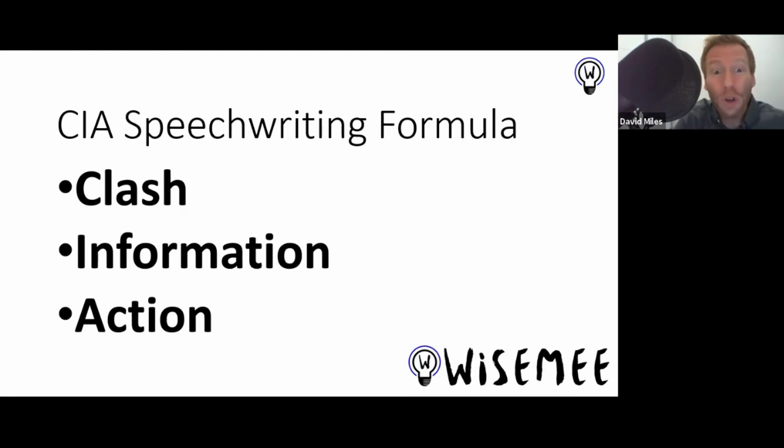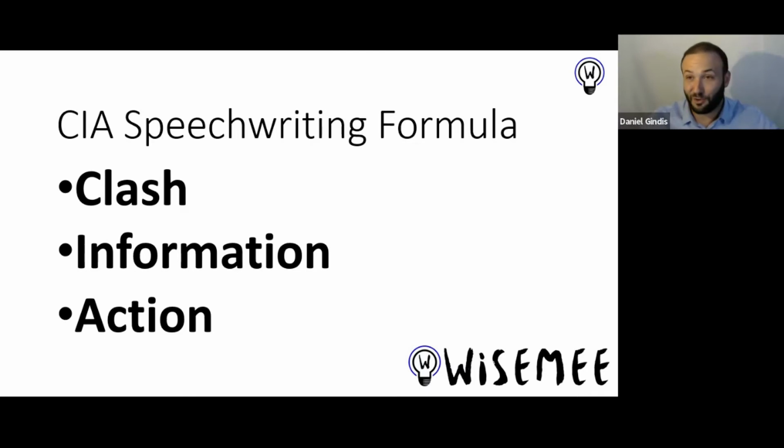If that's all you learned, stop this video right now, walk away, run home and ask: do I have a clash? Do I have information? Do I have action? Everything else, it's okay if you skip, as long as you learned that point. We'll show you why without having these three points in your opening speech, it's not going to be the same.